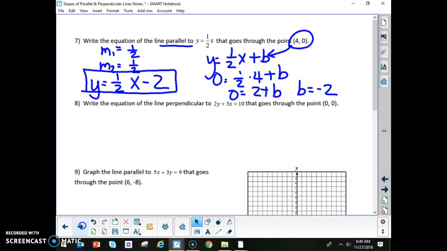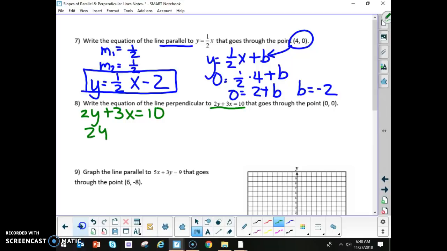Now let's take a look at the next one. Here, I want it perpendicular, so I have 2y plus 3x equals 10. 2y is equal to negative 3x plus 10, and I'm dividing everything by 2.